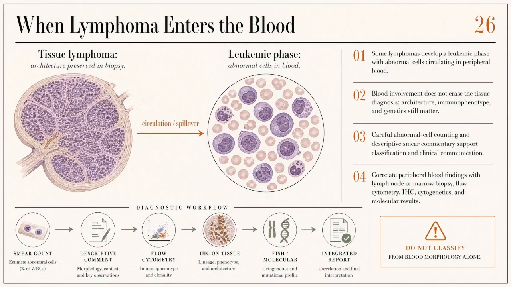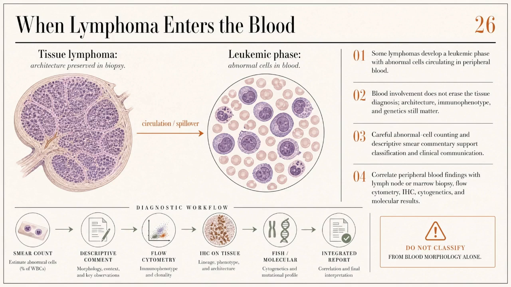Accurate identification and quantification of circulating lymphoma cells are vital for staging, prognosis, and monitoring therapeutic response, underscoring the importance of precise histotechnological practices. Beyond morphology, ancillary studies such as immunophenotyping by flow cytometry and molecular or cytogenetic testing play indispensable roles in confirming clonality and defining lymphoma subtypes.